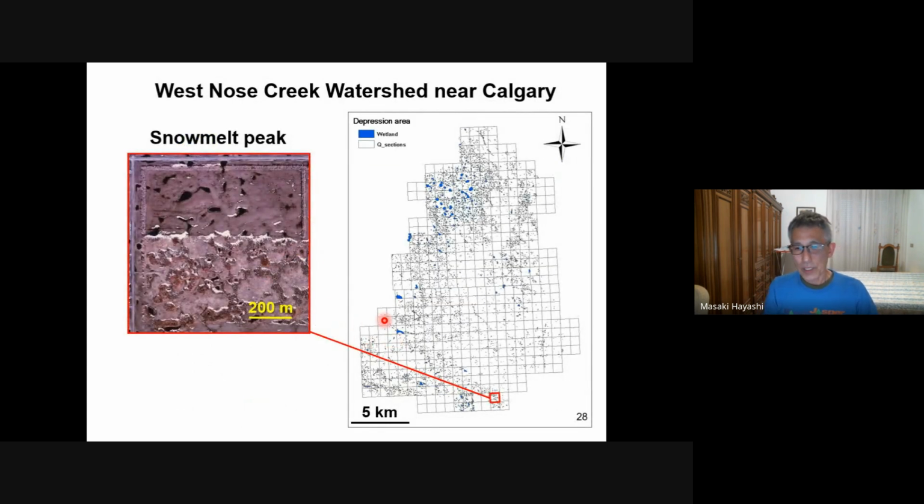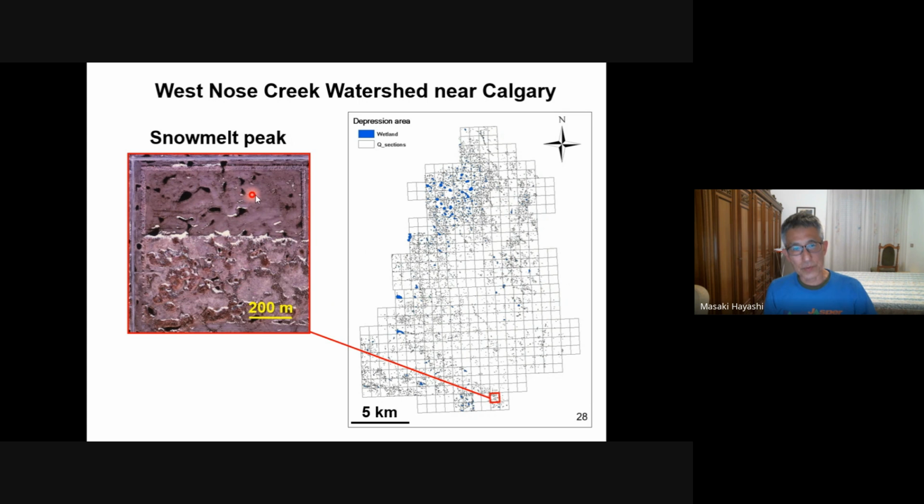So we set up this model for a watershed just north of Calgary. My university is located somewhere here. It's a watershed of about 250 square kilometers. There are so many depressions. You can see the dots on this map. These are delineated from satellite and air photos like this.